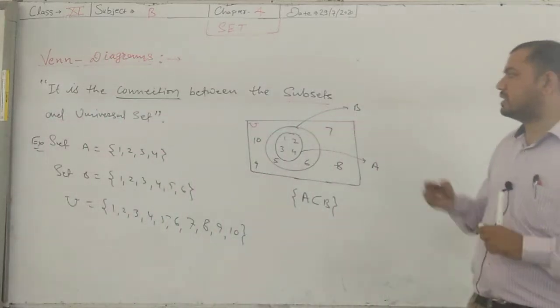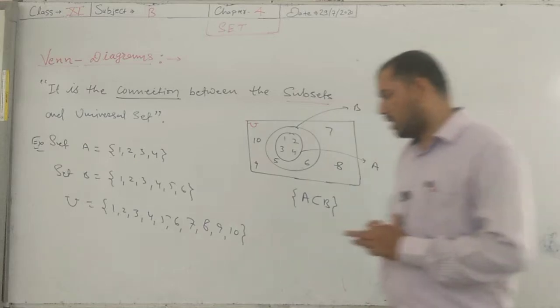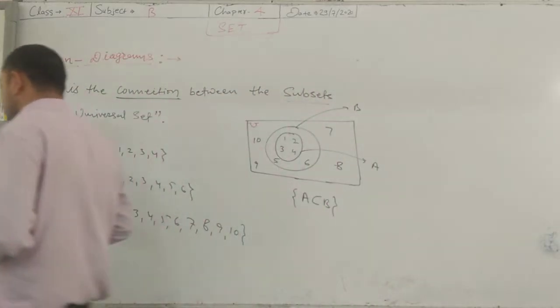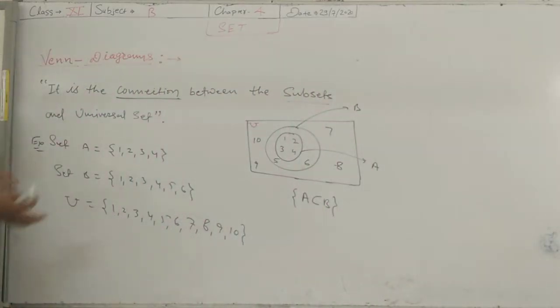Now next we think about how we represent two sets when they are in the form of union, intersection, or difference. How do we represent by the Venn diagram when two sets are in the form of union, intersection, or difference? Next we talk about the union of given two sets.